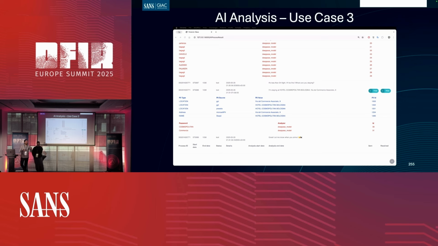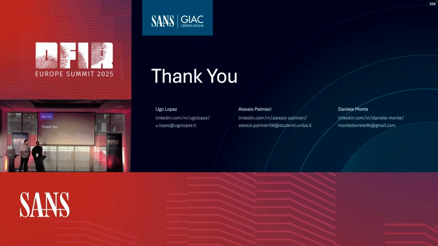But it's like one password in 10 records. So for us it's an achievement because it's good. I don't have to read all the messages, but every 10 messages I can find a real password. So, thanks for watching.